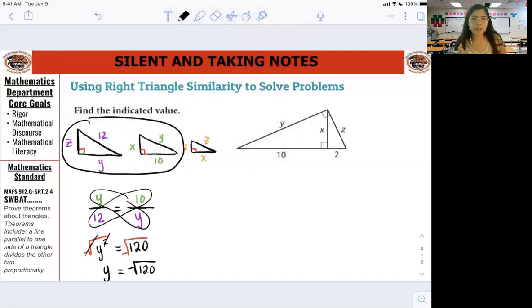Now, can you take the square root of 120? Is that a perfect square? No, but we're going to want to simplify this number. So let's go ahead and simplify the square root of 120. What factors of 120 are perfect?